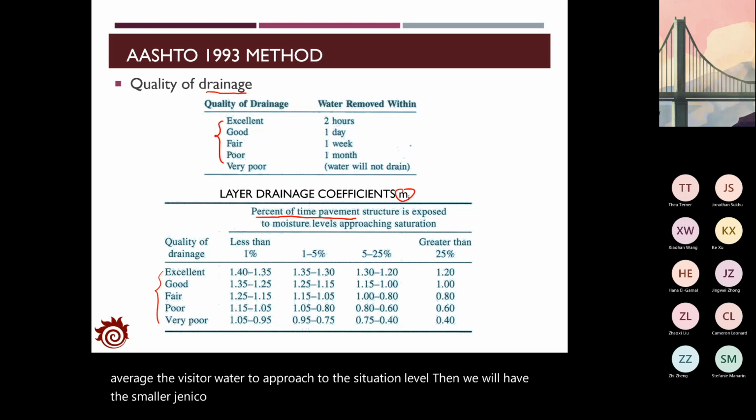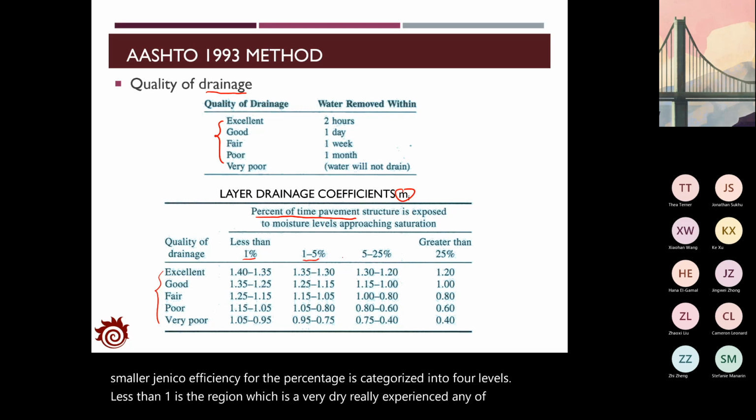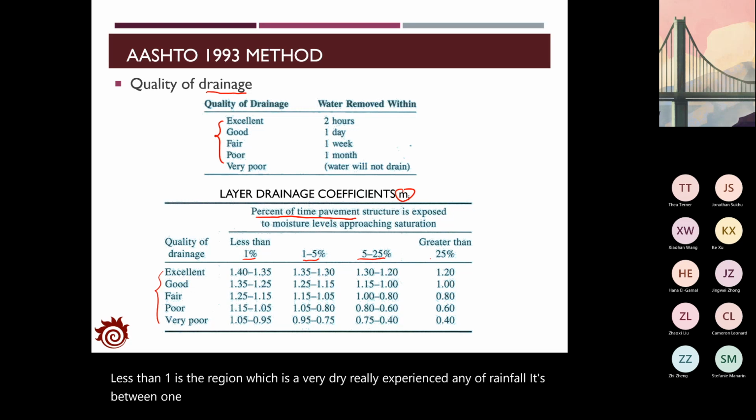The percentage is categorized into 4 levels. Less than 1% is a region which is very dry, rarely experiencing any rainfall. Then 1 to 5%, 5 to 25%, and higher than 25%, where there will be a lot of rainfall over the year.